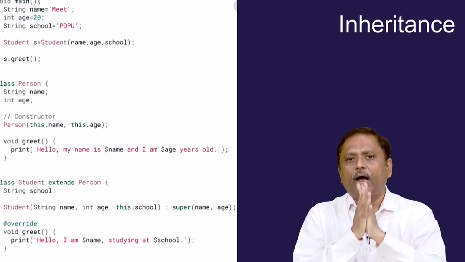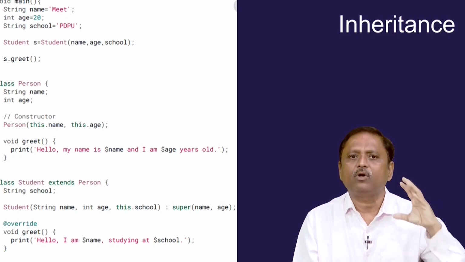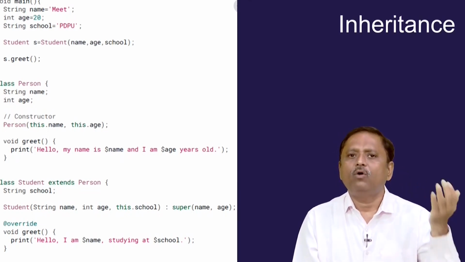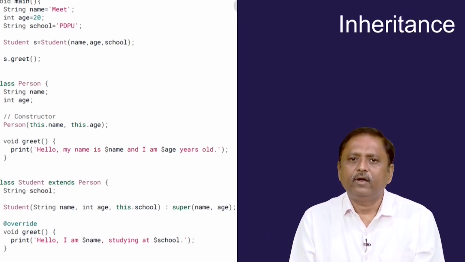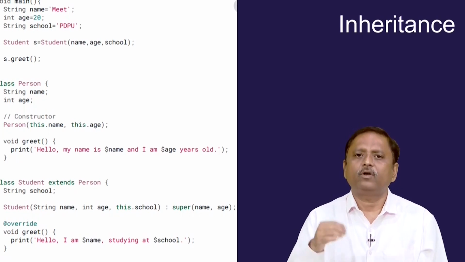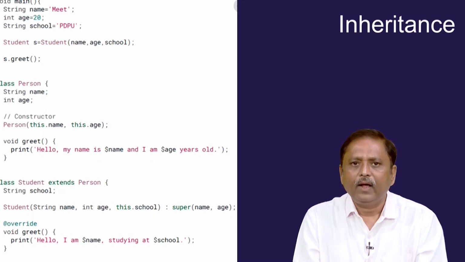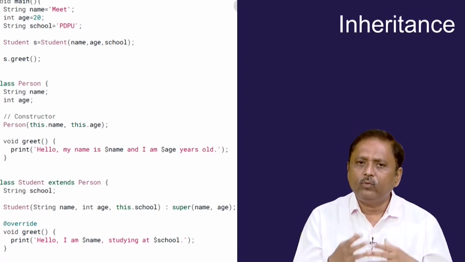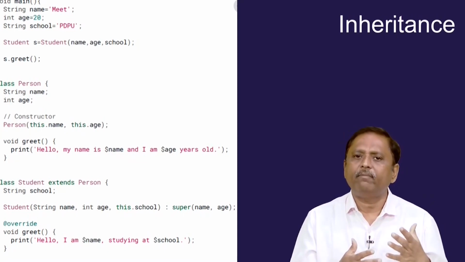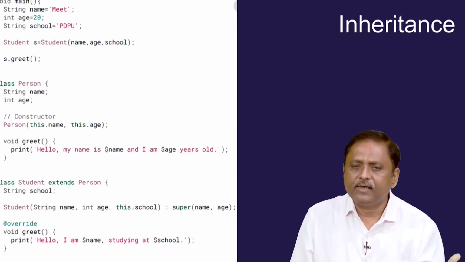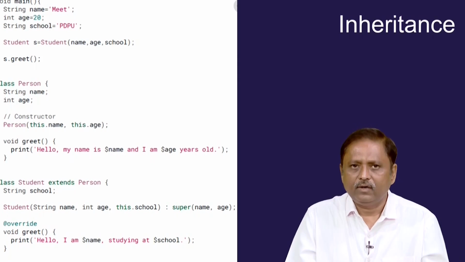I hope you understand how to define a base class or parent class and how to create a subclass and child class using inheritance, and for that we have to use the extends keyword that you can see on the screen, and how we can create new attributes in the inherited class, and how we can override a method defined in the base class. All that we have discussed in this demonstration.